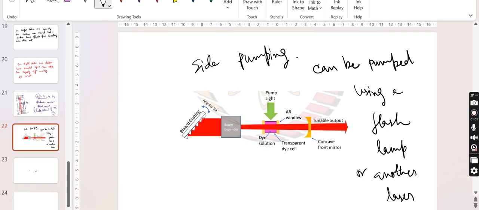For low power operation, side pumping is achievable, and the pump light passes through in this arrangement. A beam expander is being used for an intense output.